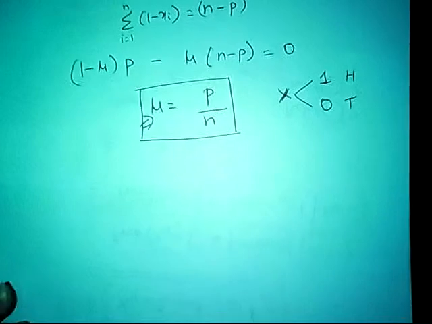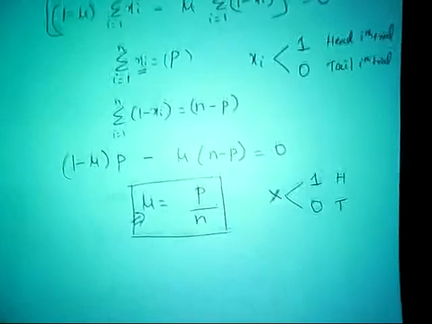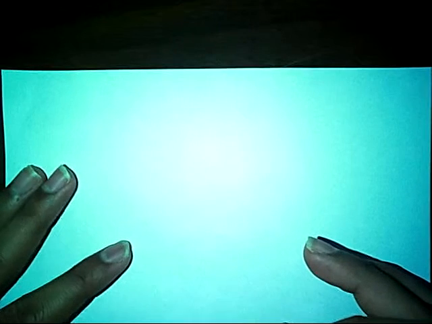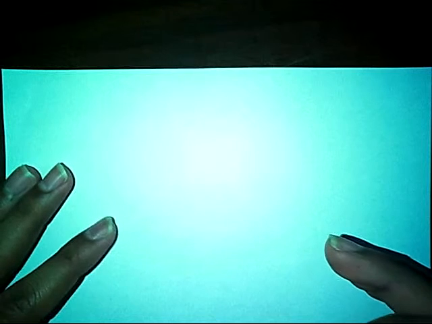Now let us look at one more example, which is the Gaussian distribution. I'm going to focus on one-dimensional Gaussian, but you can extend the results that we are going to see here to multi-dimensional Gaussians.